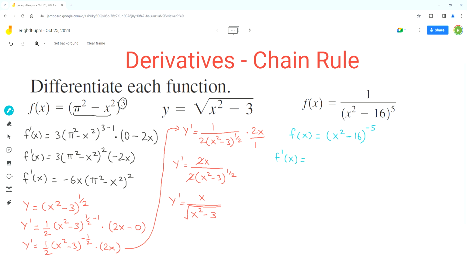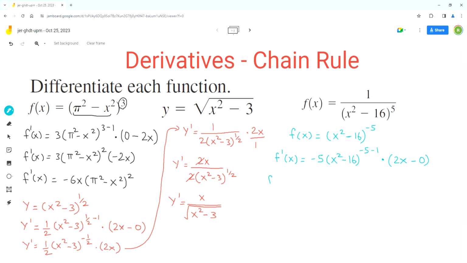So we'll move the exponent to the front, negative 5, then (x squared minus 16), and we'll subtract 1 from the exponent, times the derivative of the inner function, and the inner function is x squared minus 16. So the derivative of x squared is 2x as per the power rule, and the derivative of 16 is 0 because 16 is a constant.